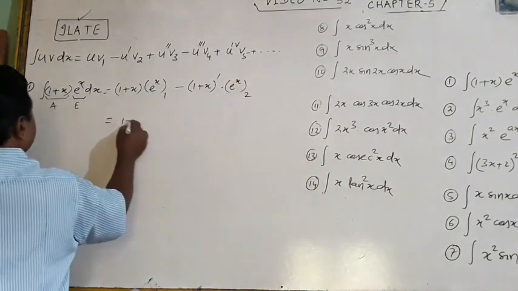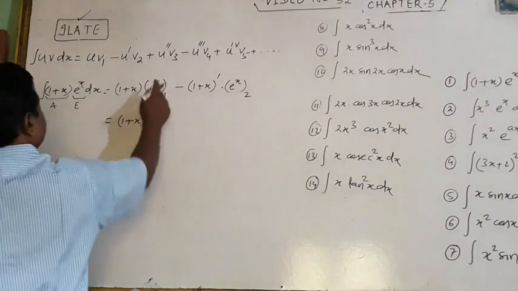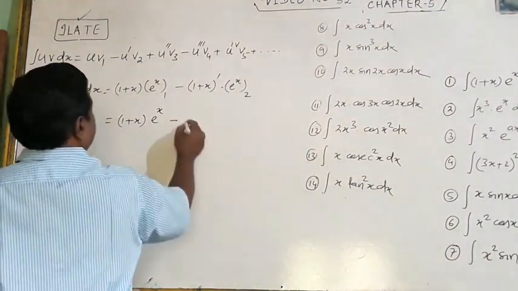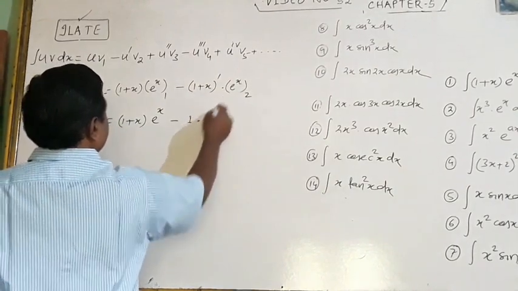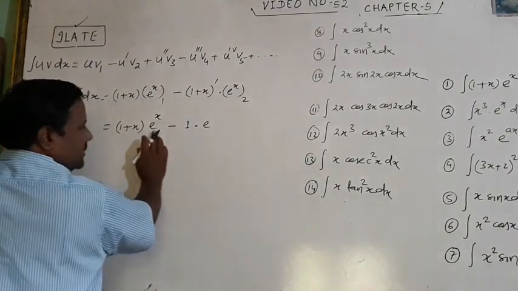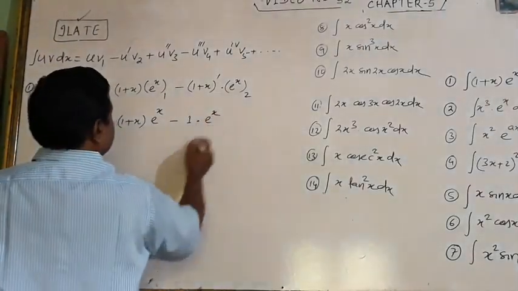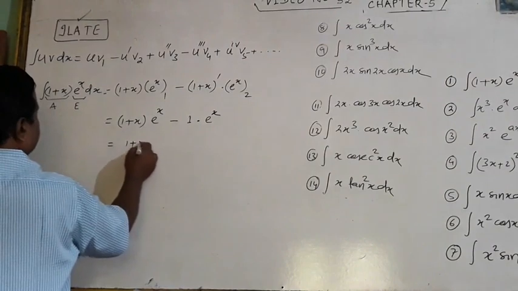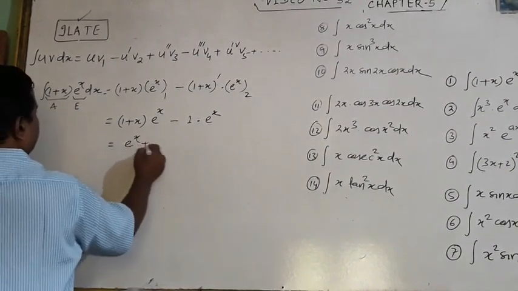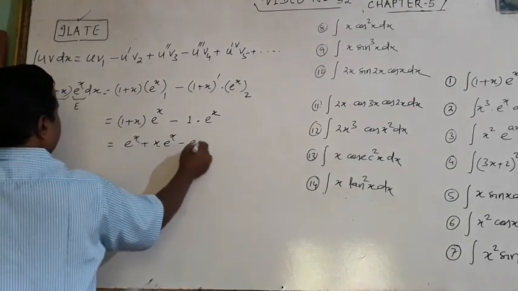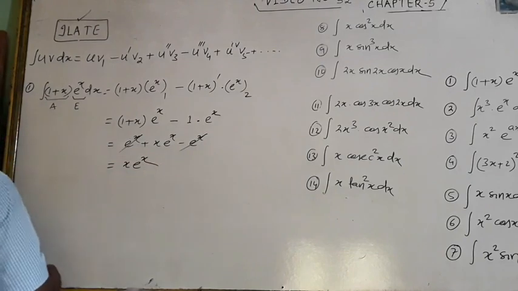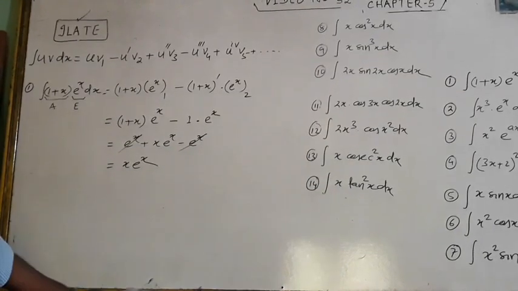Now look here, it is 1 plus x, and integration of e to the power x is e to the power x, and derivative of 1 plus x is 1, and integration of e to the power x again is e to the power x. This becomes 1 plus x, means 1 into e to the power x plus x e to the power x minus e to the power x. It becomes x e to the power x, which is the answer. Okay.